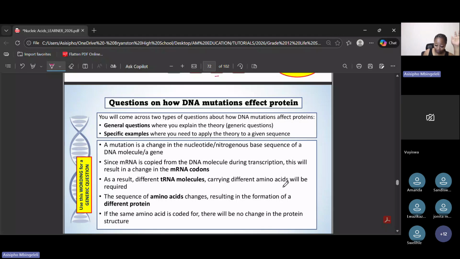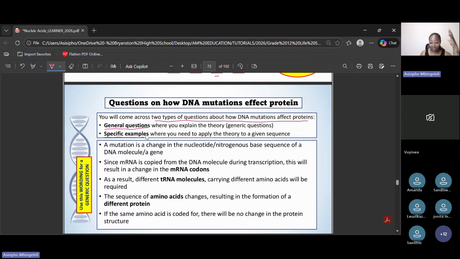You will come across two types of questions about DNA mutation which affect proteins: a general question, and a specific example. I will tell you now, they are no longer doing general questions. So I'm going to give you the general order, but you need to use that to apply whatever example you are given in a test.